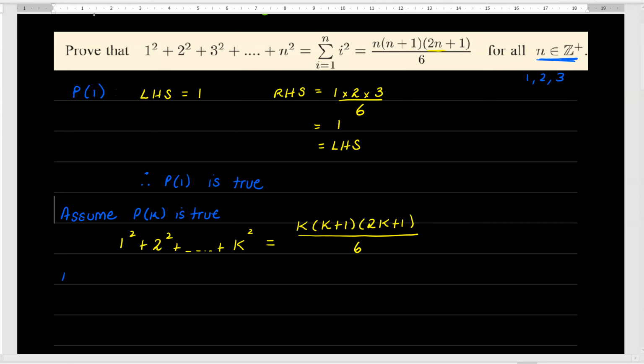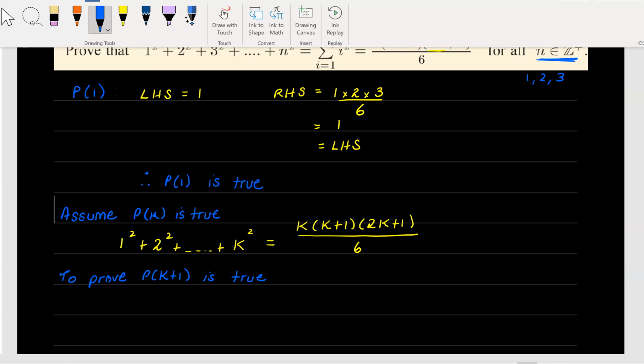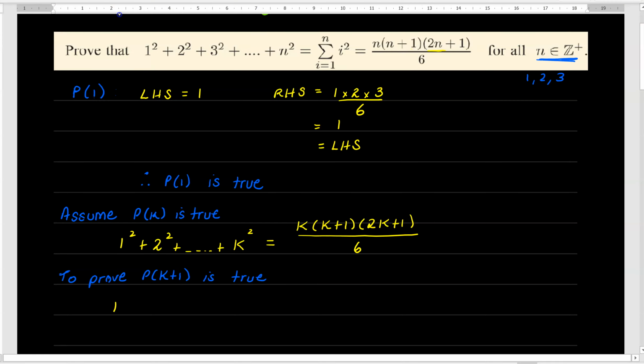Okay, and now what we want to do, our job, is to prove that P(k+1) is true, so the k plus first term. So we go back to our thing up here and we go, okay, it's 1 squared plus 2 squared plus, and now instead of just going straight to the k plus first term, I include my kth term.